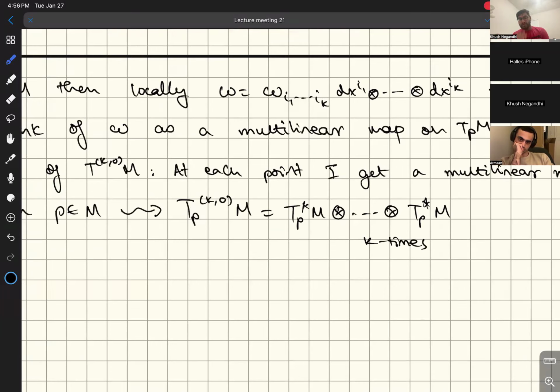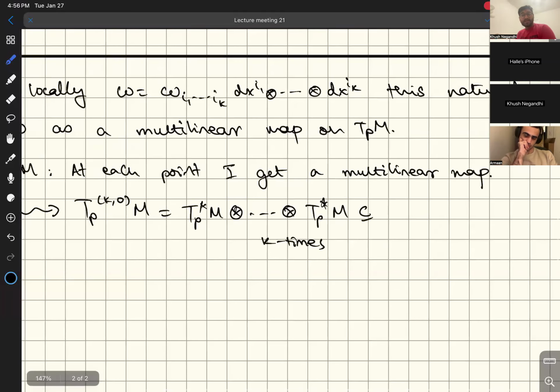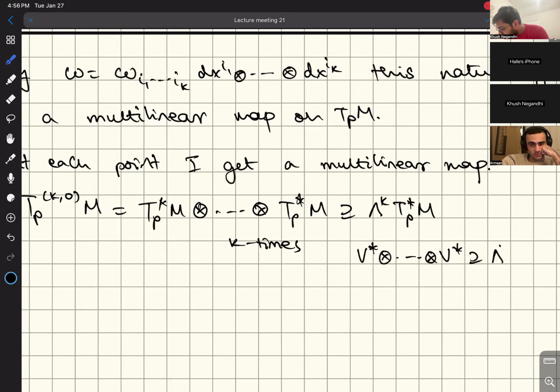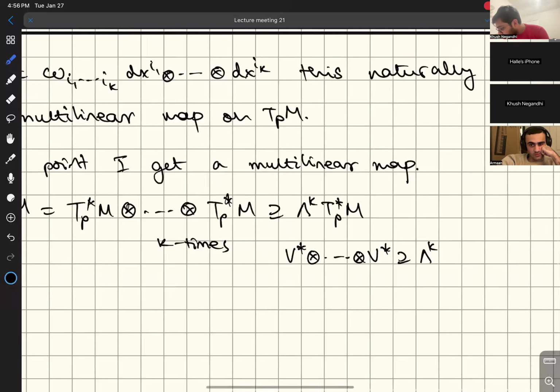So it's the tensor product of some dual space, which means that if you recall the alternating map from like meeting 5 or something, you know there's a subset of this that we denoted like this. If we had V tensor with itself a bunch of times, then you had the kth exterior power of the dual.